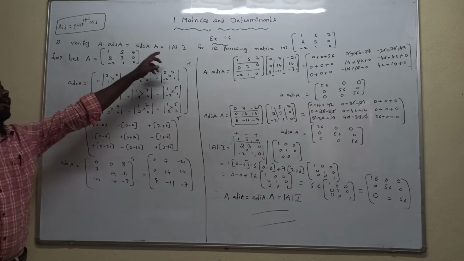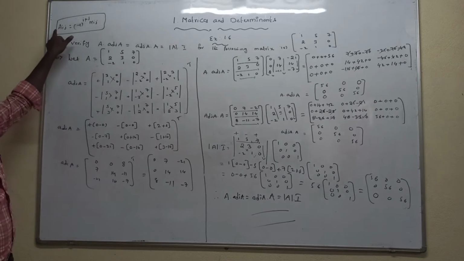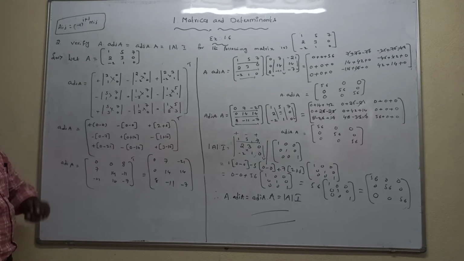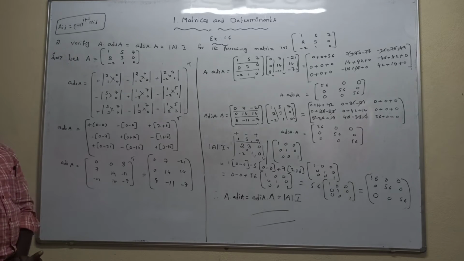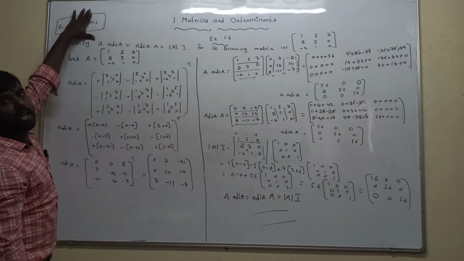First we write the transpose of the matrix capital Aij. Capital Aij is nothing but minus 1 whole to the power of i plus j into Mij. Mij is nothing but the minor of the element.